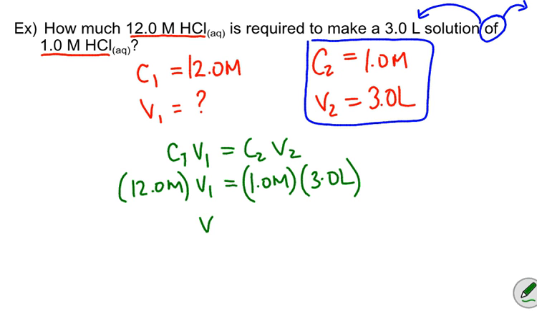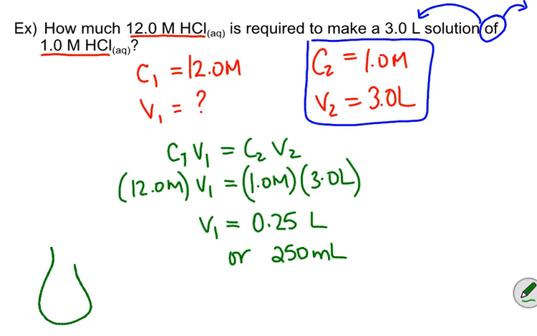So in this case, my V1 ends up being 0.25 liters, or if you wanted to, you could say it's 250 milliliters. So what does that mean? That means if I've got a big bottle of acid, so if that's my 12 molar HCl, I have to take out 250 mils of it.